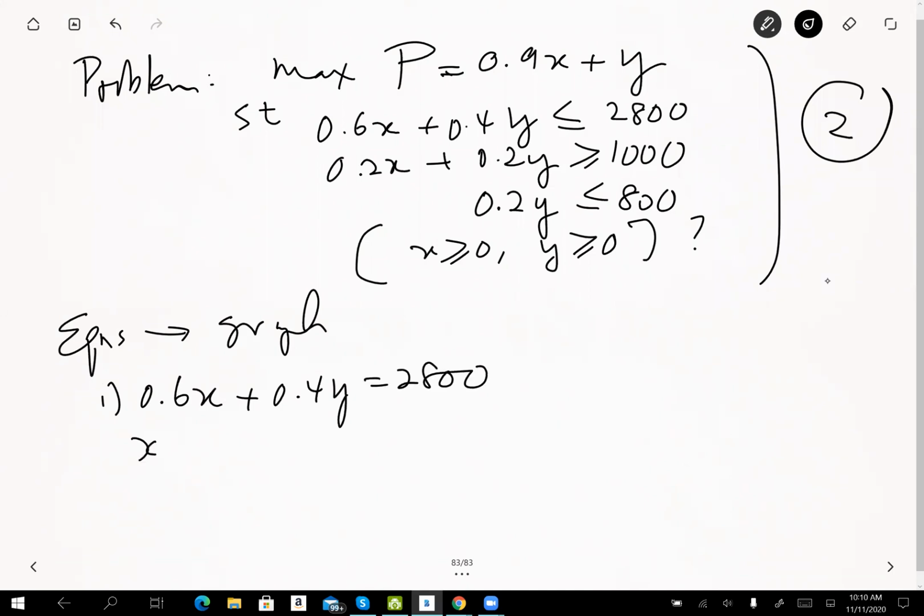So you got the x-intercept. X-intercept means y equal to 0. So x is equal to 2800 over 0.6, that is equal to 4666.7.